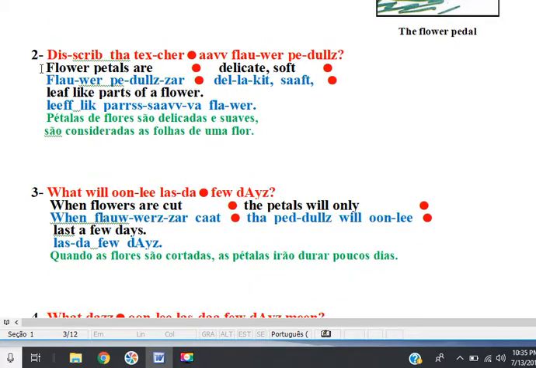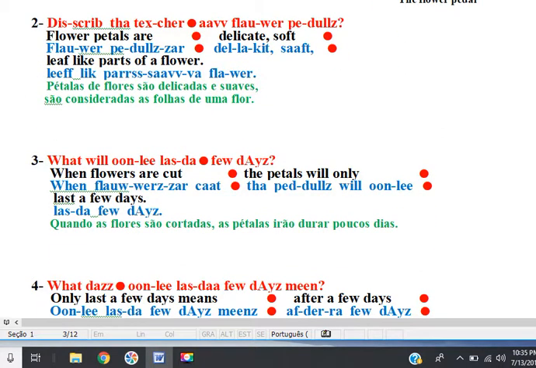Line 2. Flower petals are delicate, soft, leaf-like parts of a flower.